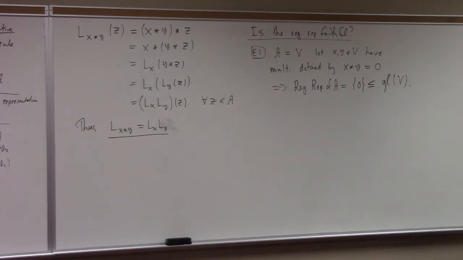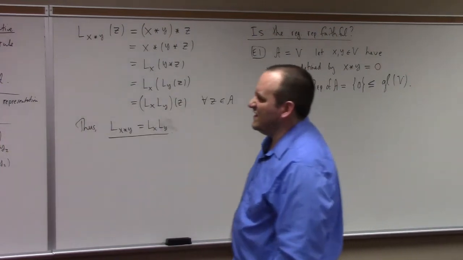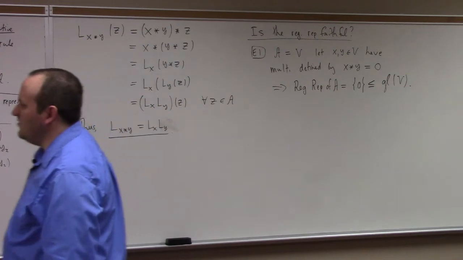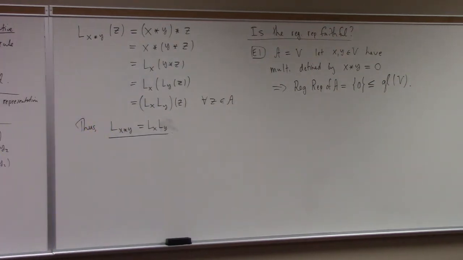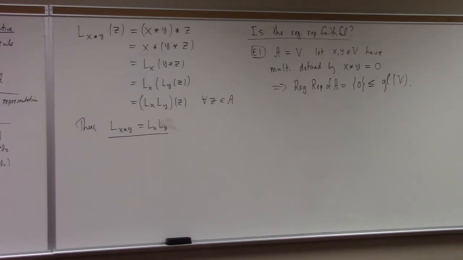But it's not faithful. I don't think, anyway. What was the definition of faithful? Injective. What kind of injectivity, though? Injectivity of what? Of the homomorphism. I might be in trouble.